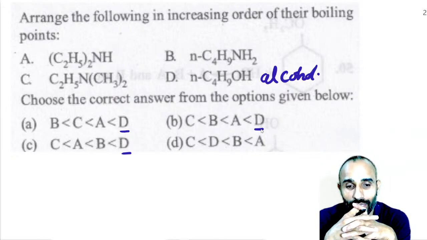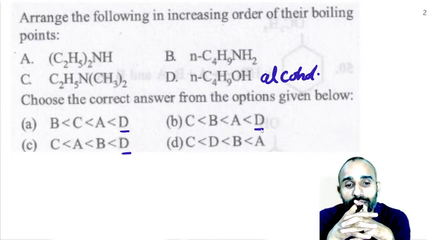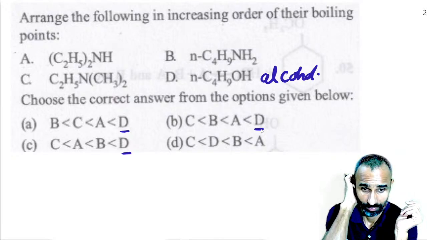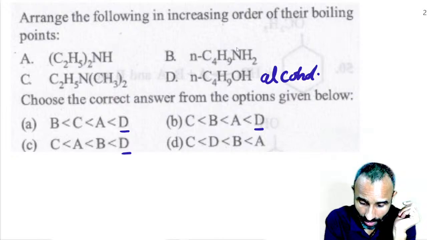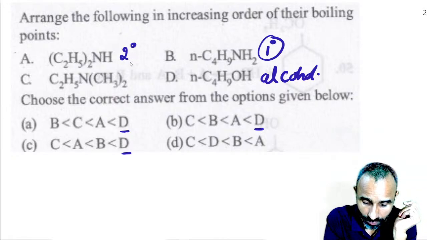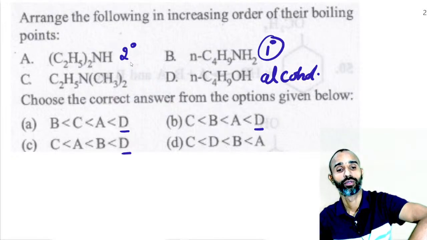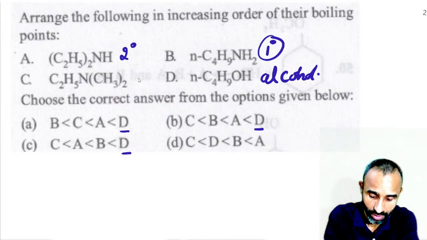Then primary amine. This is primary amine because there are two hydrogens. Secondary amine. This is tertiary amine.